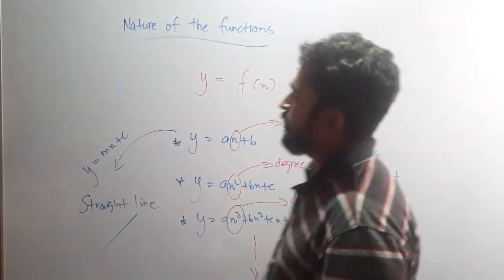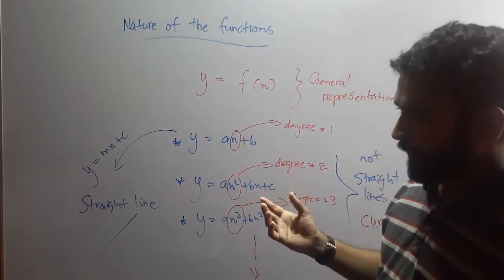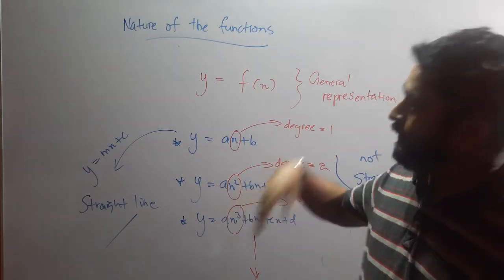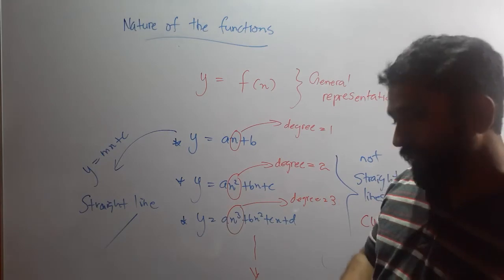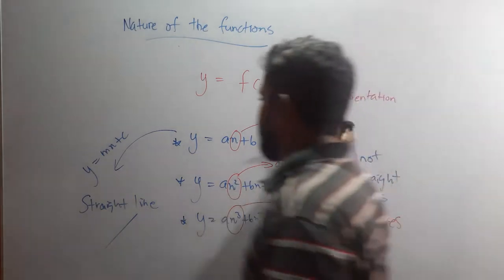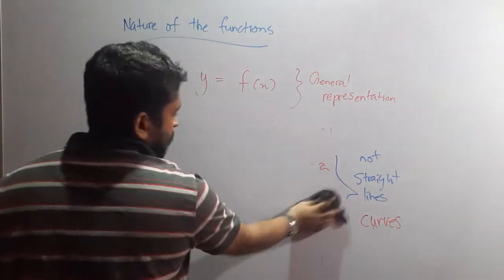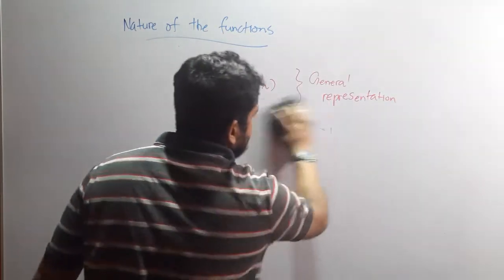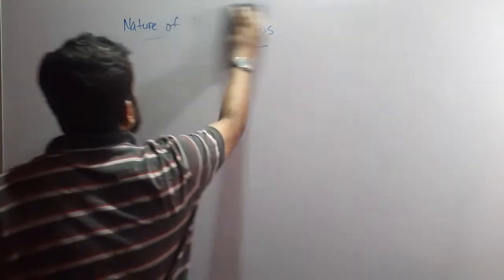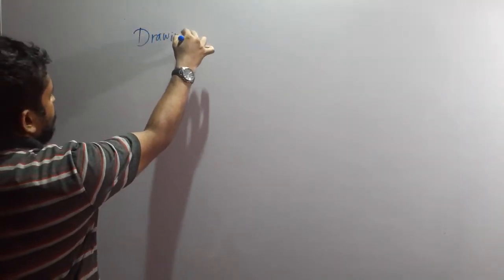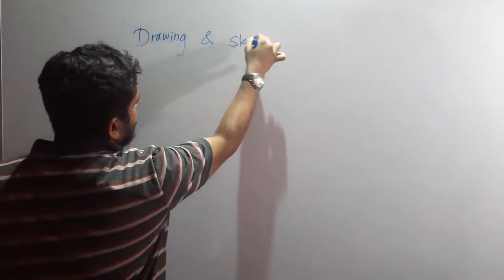So that is the nature of the function, or how the nature of the function decides the graph or the shape of the graph. Done. Then write down the subtopic: drawing and sketching.